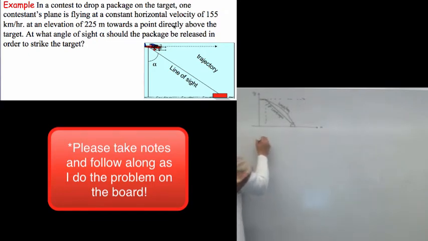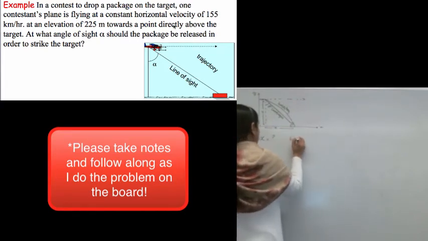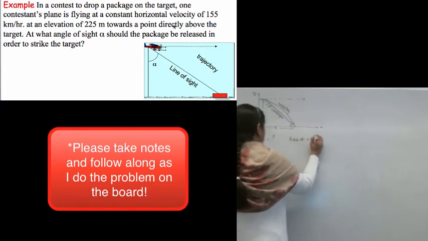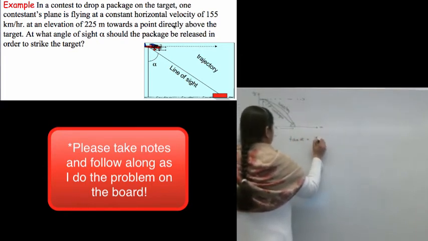So my main concern is to find alpha. In order to find alpha, if I can have y and x, I should be able to find alpha easily, since tangent of alpha is equal to x over y.